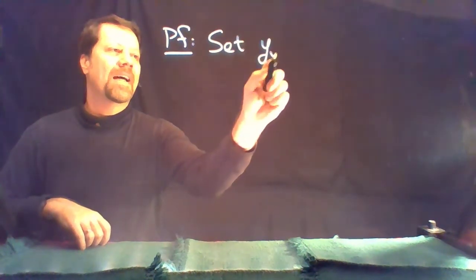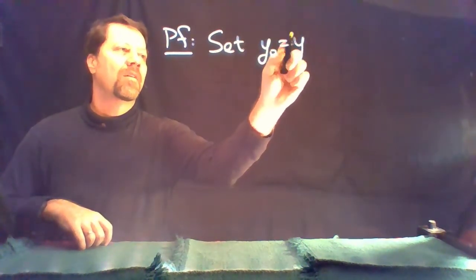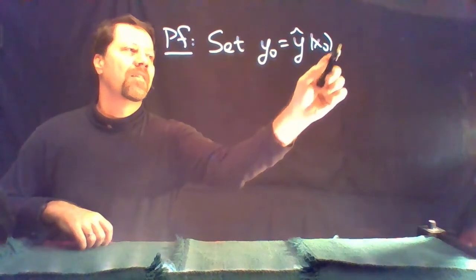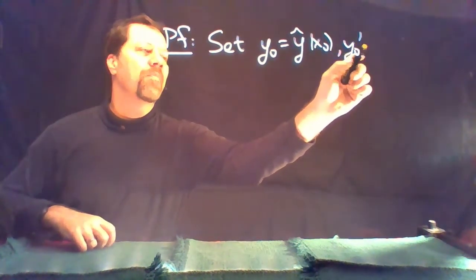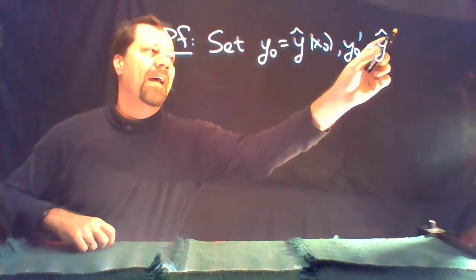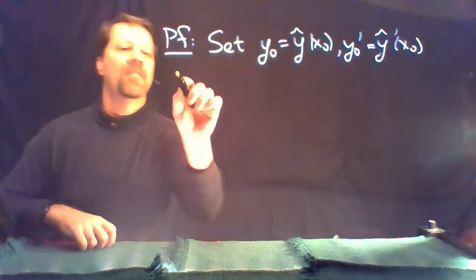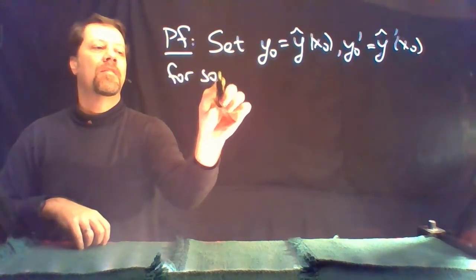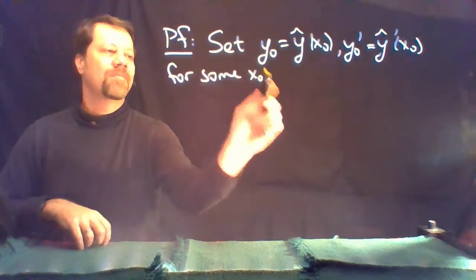Set y naught to be y hat of x naught, y naught prime to be y hat prime of x naught, for some x naught.